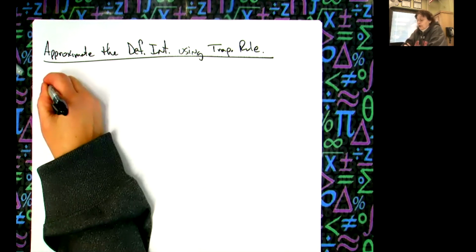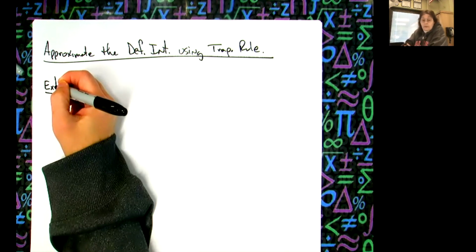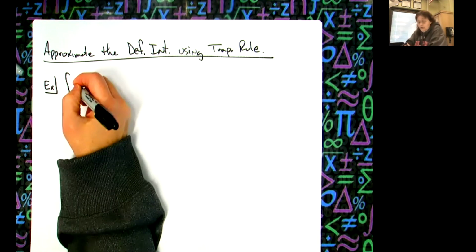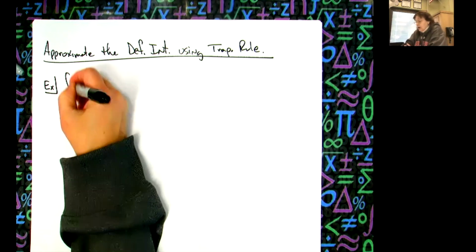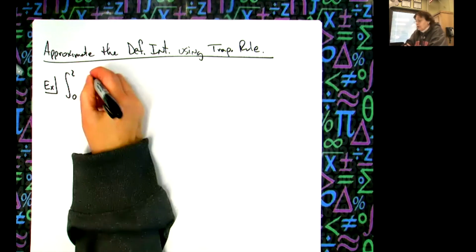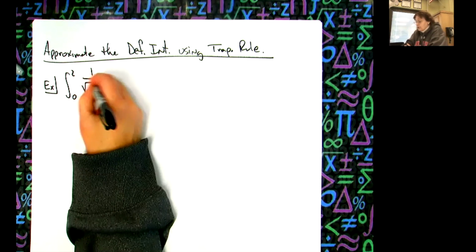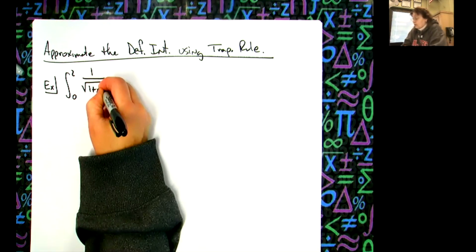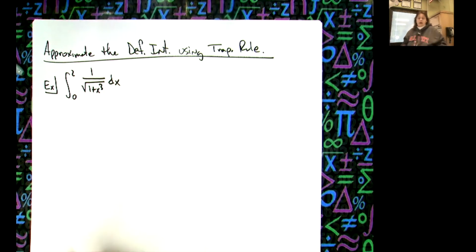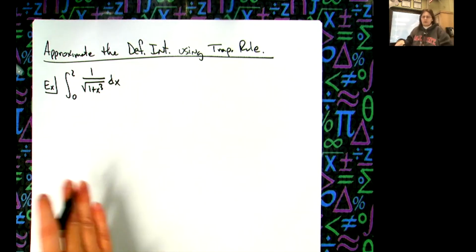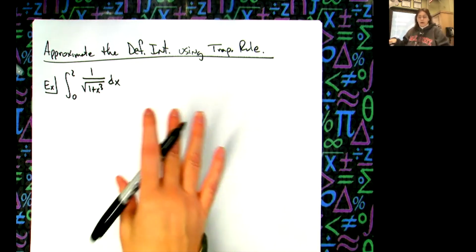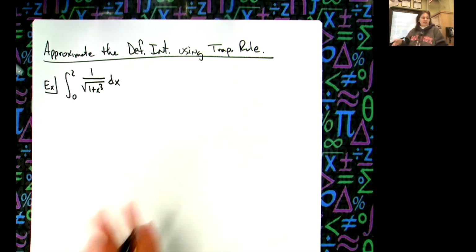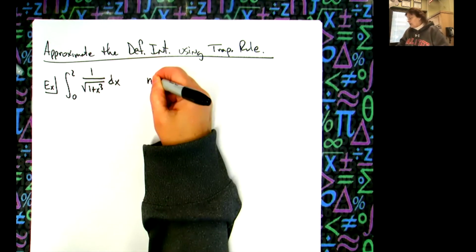What they're going to do in your textbook is give you the function. They just want you practicing this concept. So let's say they give you the integral from 0 to 2 of 1 over the square root of 1 plus x to the third dx. Obviously not a nice function, so you're definitely going to use a calculator on this. I'm not worried about the arithmetic part. It's the setup part. Then they're going to tell you n equals 4.